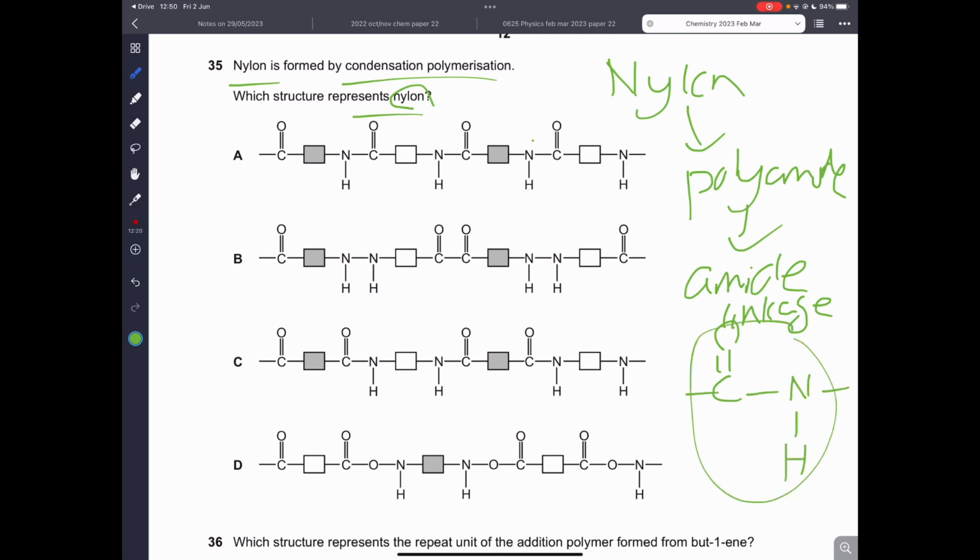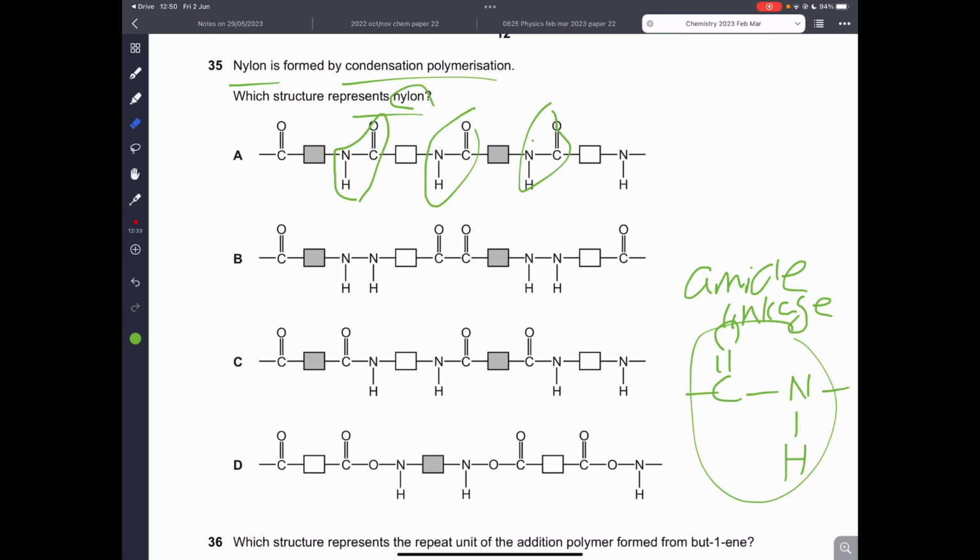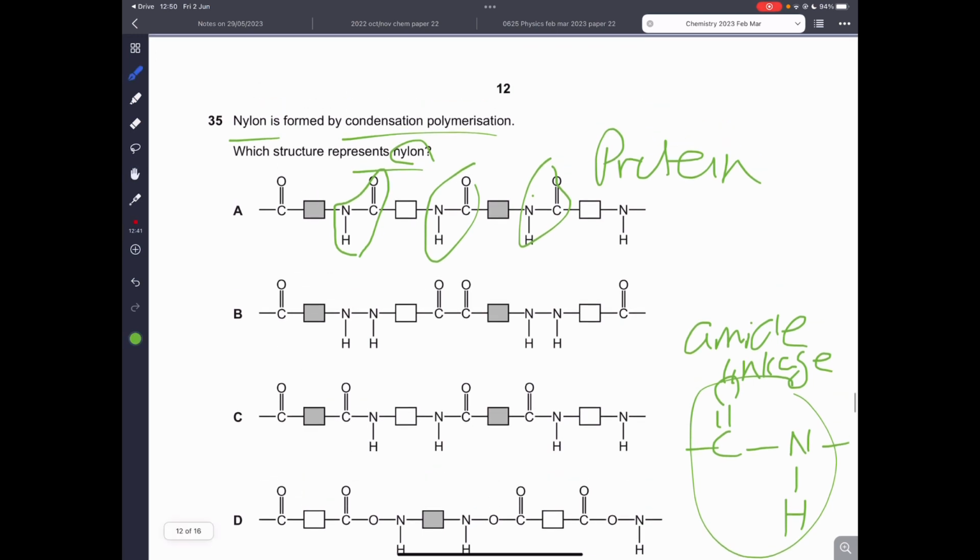This is the amide linkage, and we have defined this in the diagram. So let's look at A. There's the amide linkage here, here, and here. But one thing you will notice is that it is not A, because A is a protein. And protein, their structural formula is going to look like this.